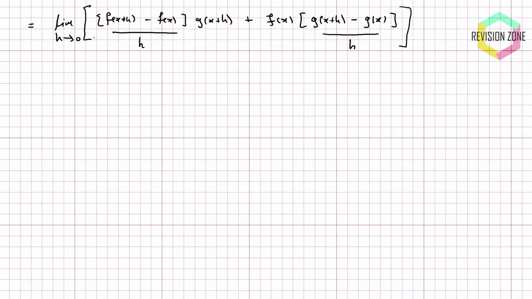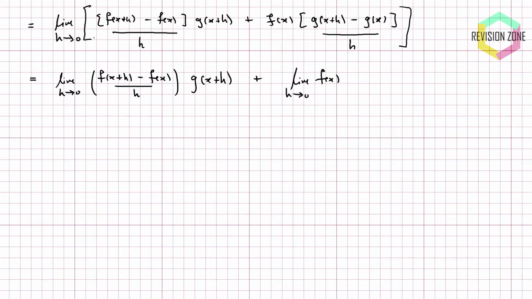So at this stage, what we can do is basically take the limit to the inside. So the limit goes in and it's going to apply to the f of x plus h minus f of x over h. And also, it's actually in this case going to impact the g of x plus h because there's an h in the g. But then I have the limit applying to the second term, which is going to be f of x.